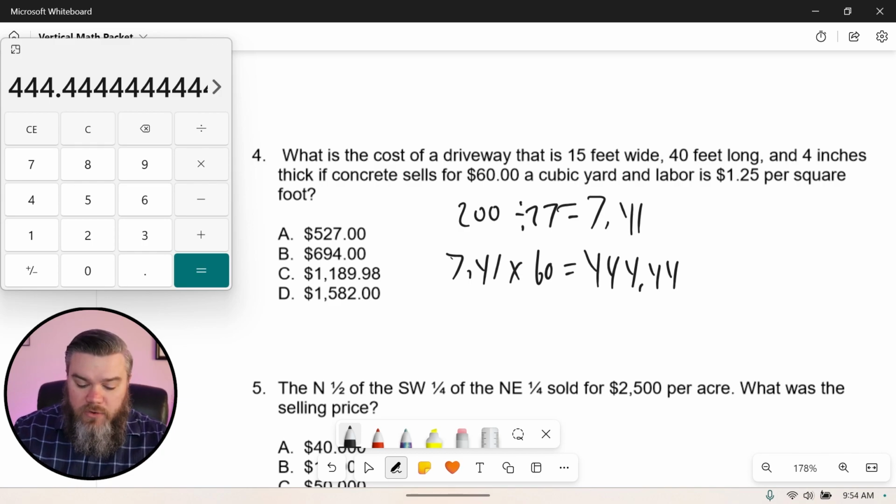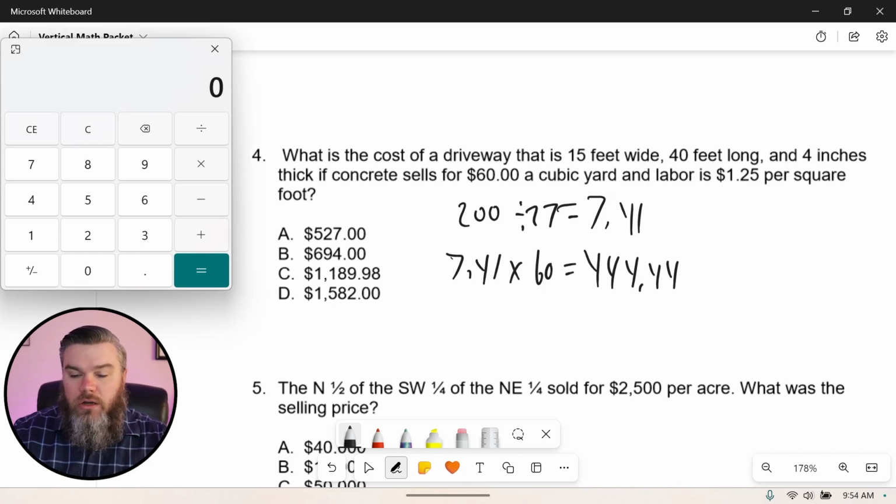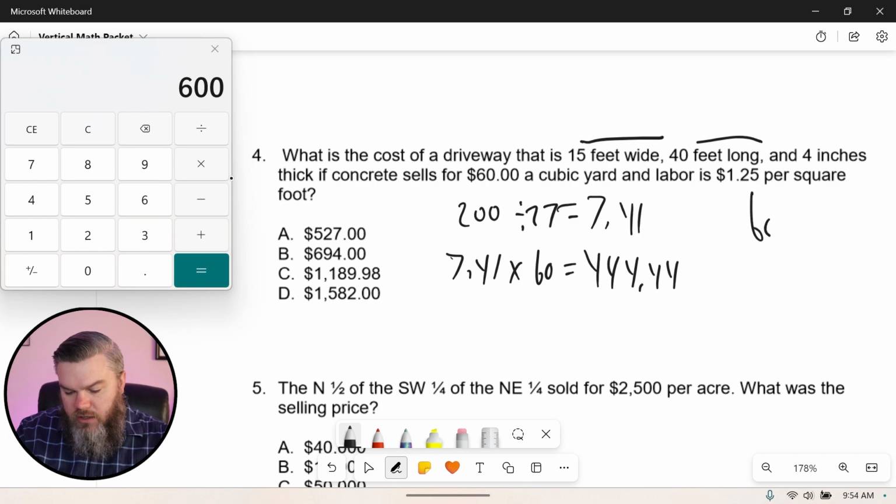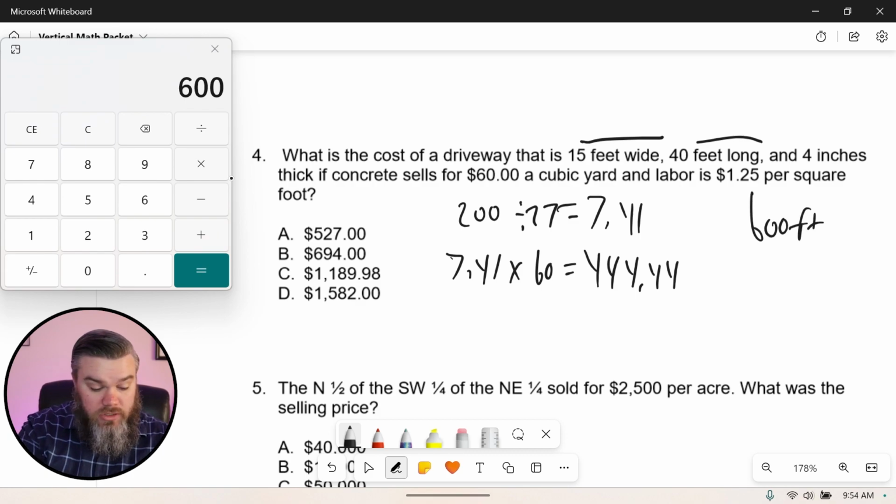Now, the other piece of this is the labor. Folks, please don't get confused, because we looked at cubic feet just a second ago. This is based on square feet. So our square feet is just our length times our width. So 40 feet times 15 feet gives us square footage of 600 feet. Or should I say square feet?